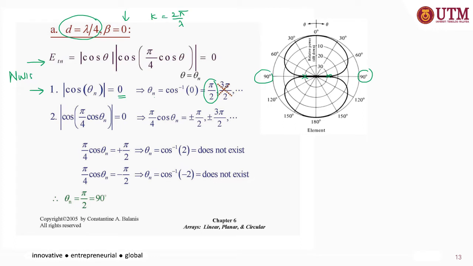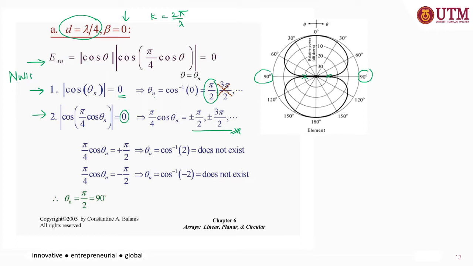The second step is to get the nulls from the array factor: cos of 1 over 2 kd cos theta plus beta, where beta equals 0, and kd is k from here multiplied by d, lambda over 4, equal to 0. When you take the inverse cosine of 0, you may get different values: plus or minus pi over 2, 3 pi over 2, and so on.